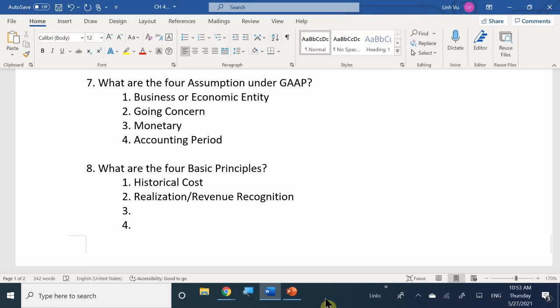Good. Matching principle. And adequate disclosure. When we have pertinent information that revolves around a business transaction, but it's cluttering your journal space, you have a place to put it.